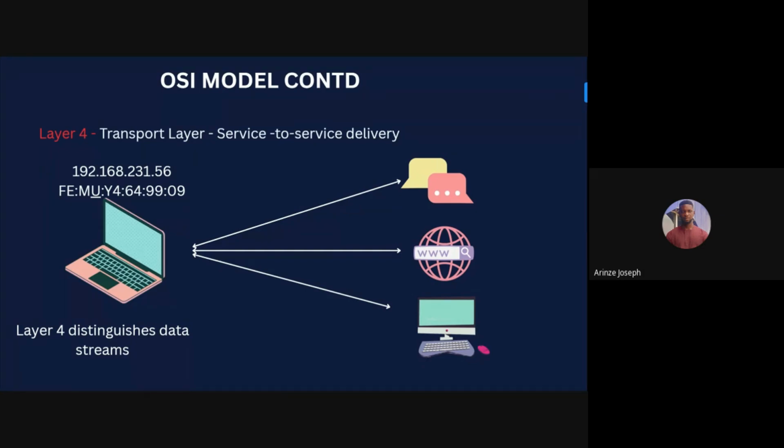This is because there's a service that is handling that. There's a service handling the music you're streaming online. There's a service handling the banking app that you're on. And there's a service handling the chat.